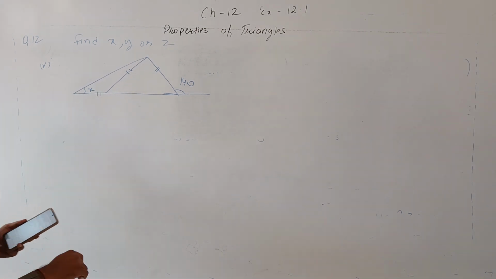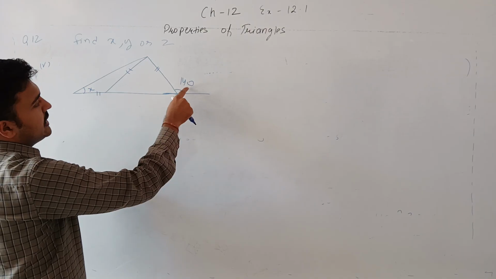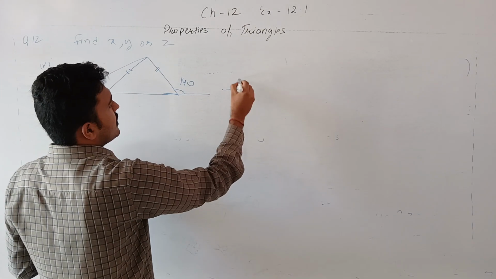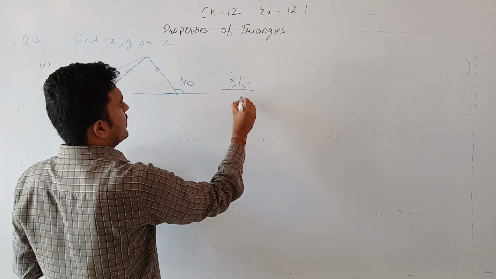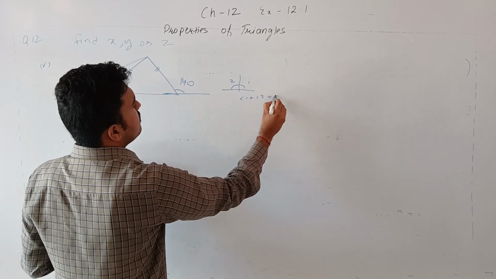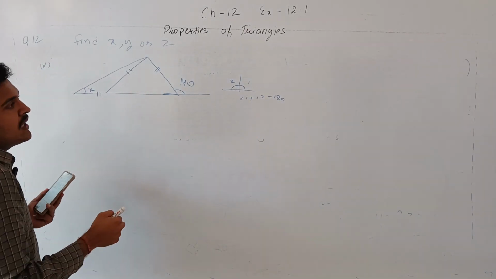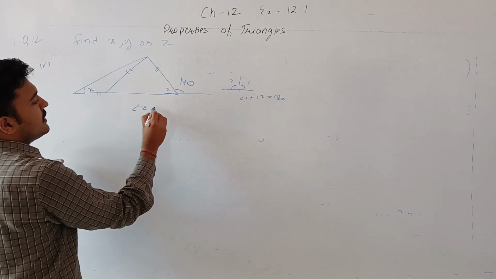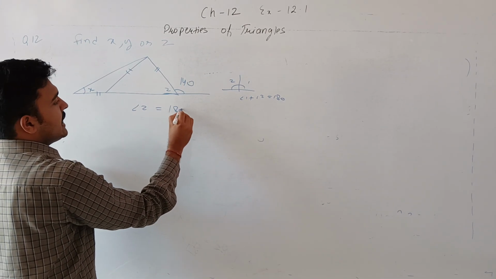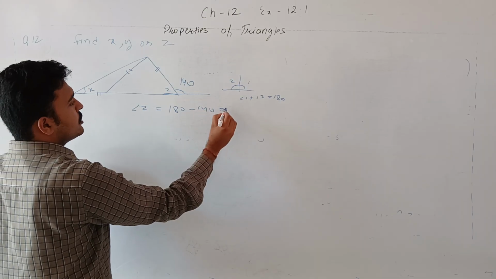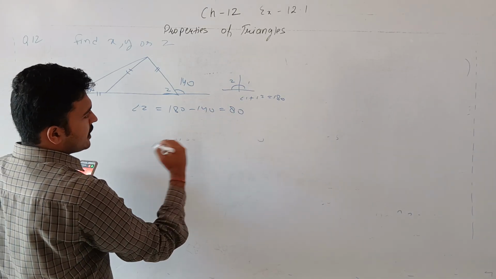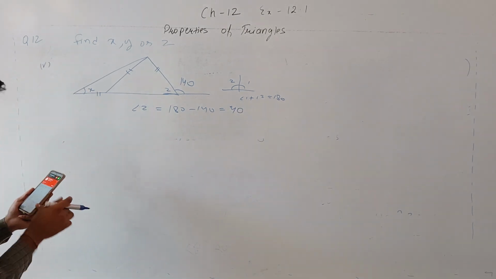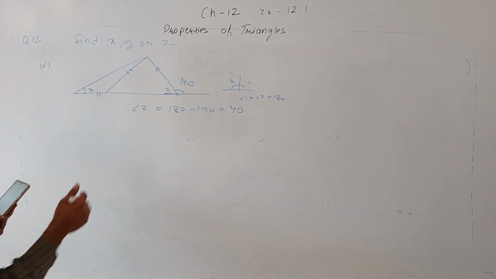So again, since this angle is 140 degrees, and the total angle on a straight line, angle 1 plus angle 2, is 180, therefore angle 2 is equal to 180 minus 140, which is 40.